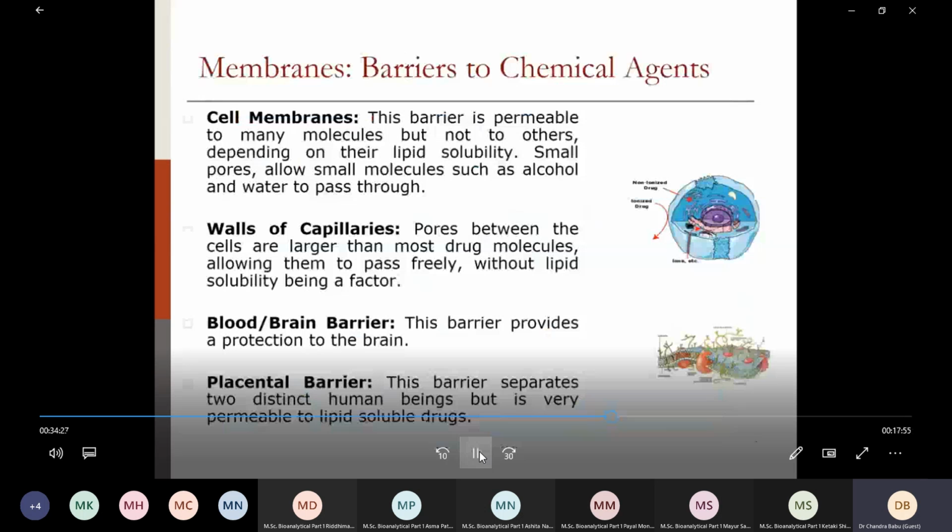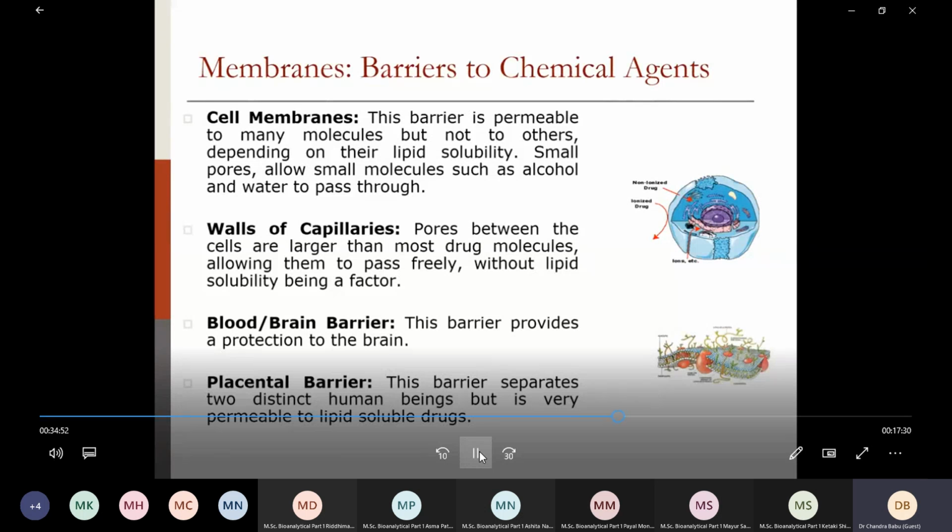there's a key aspect about how to get that substance absorbed: cell membranes. I'm not going to go into detail about how substances can be transported into an organ through the cell membrane, but keep in mind that this is a barrier that will control, at a certain point, what goes in and what doesn't.